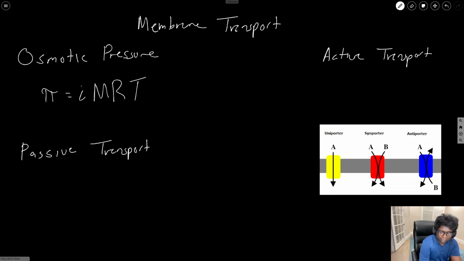Ionic compounds will, however, so just take note of that. M is molarity, R is a constant, T is temperature.